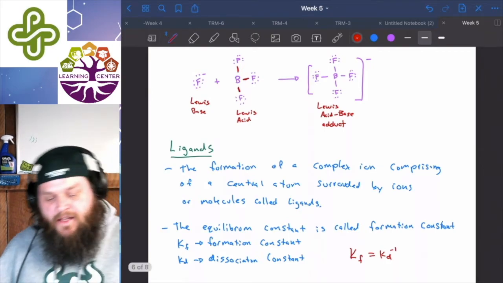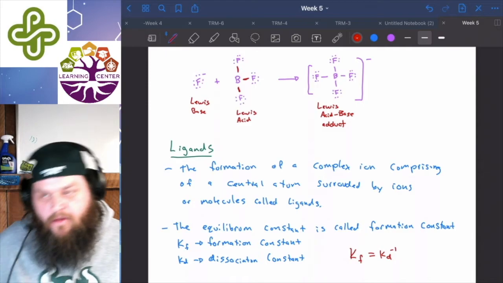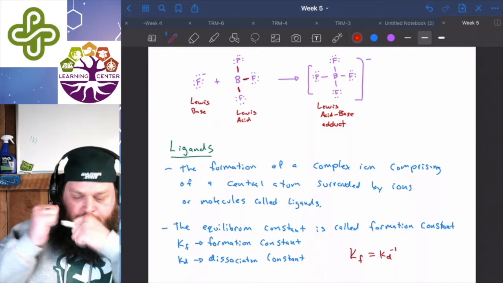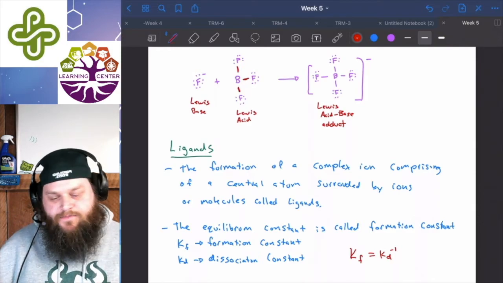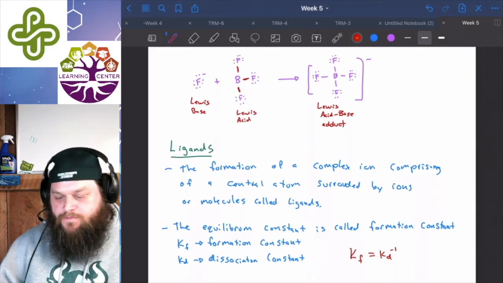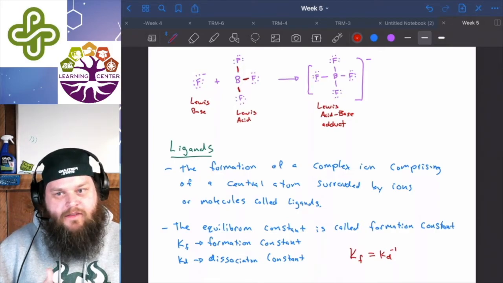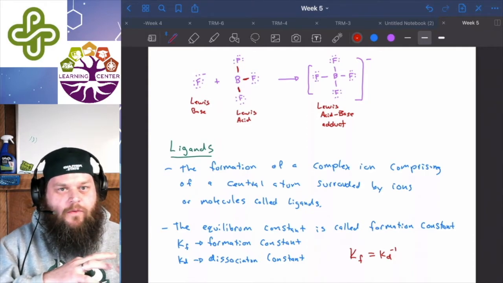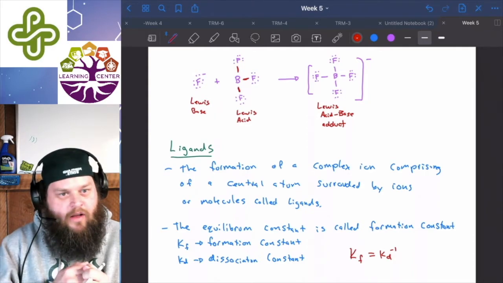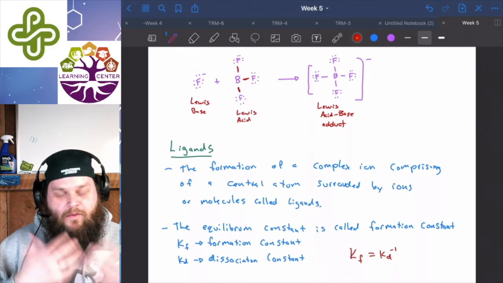And this makes sense because if you were to write out the equilibrium constant there, it would be the products divided by the reactants. Well, in the case of the formation of the complex, the two ions would form into this complex.